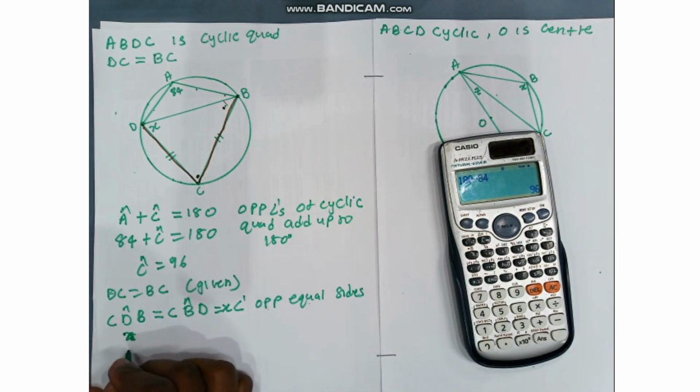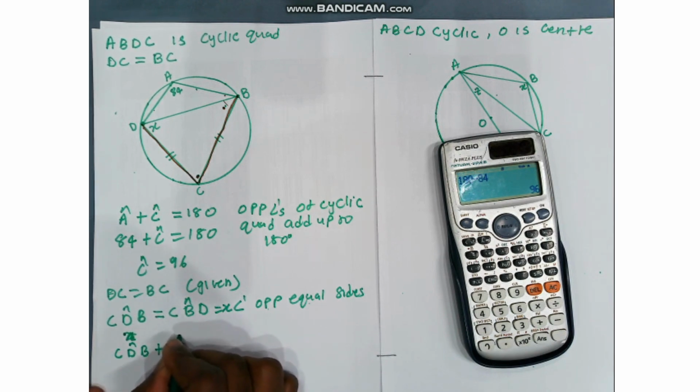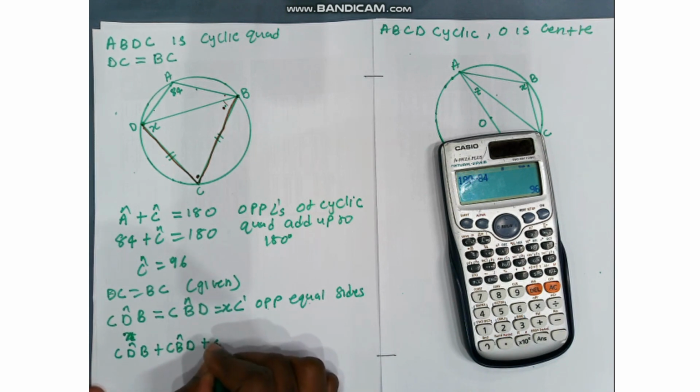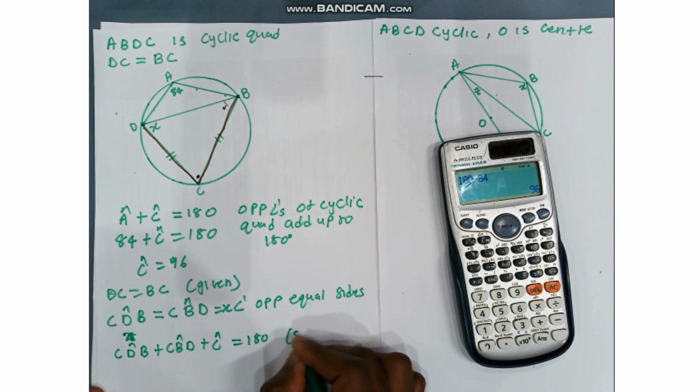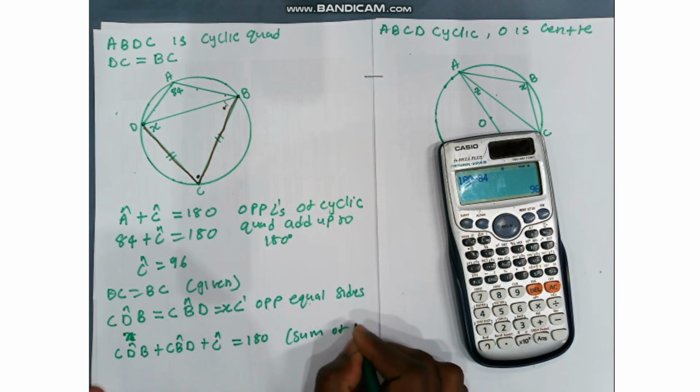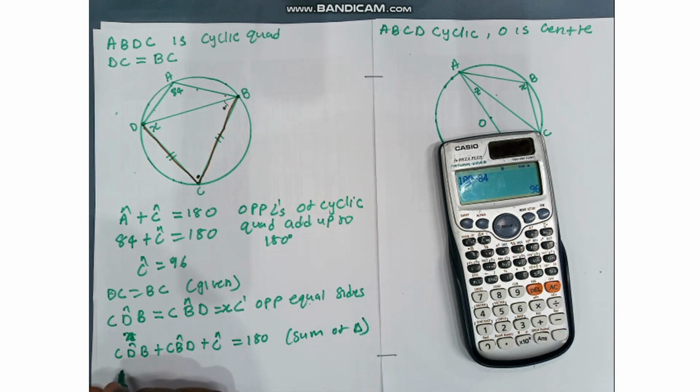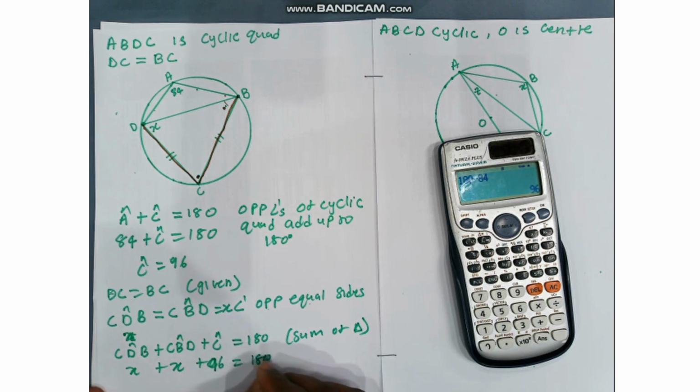So we can say CDB plus CBD plus angle C is equal to 180, the sum of a triangle, which is just x plus x plus angle C, which is 96, is equal to 180.